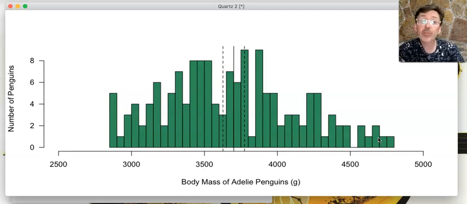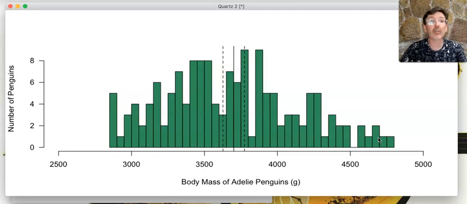So a different approach to thinking about and estimating confidence intervals relies upon a process called bootstrapping. Bootstrapping is a process of resampling with replacement. We have our 151 penguins in here, and this is the best estimate we have of the large population.